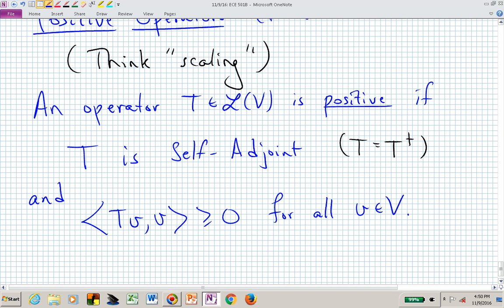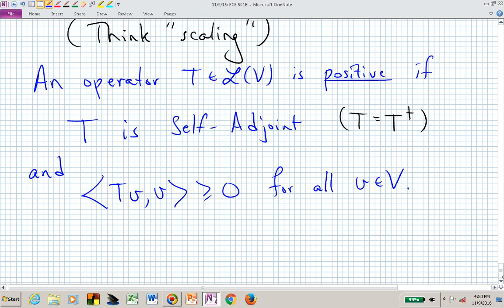But really, it's giving us this non-negative behavior. It sometimes can yield a zero inner product in this last condition.